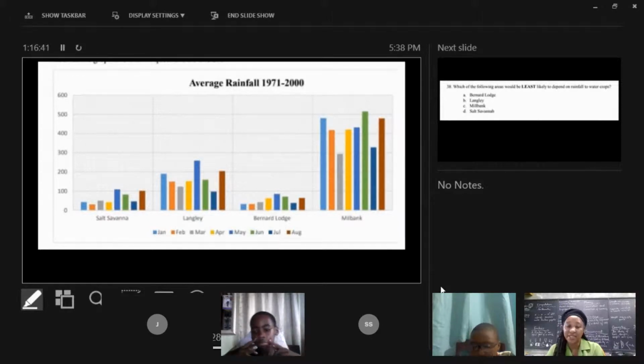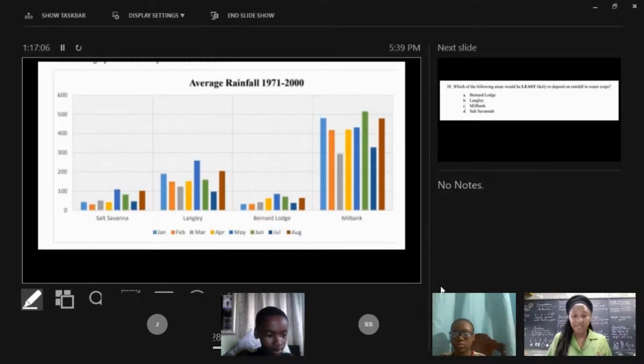Okay, so Jerry is saying, in answer to this question, the question says, which of the places would be least likely to depend on rain to water their crops? And Jerry is saying Millbank because they get lots of rain. So do you agree with Jer that because Millbank gets lots of rain, they would be least likely to depend on rain?